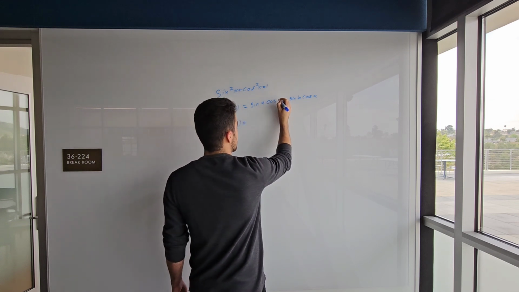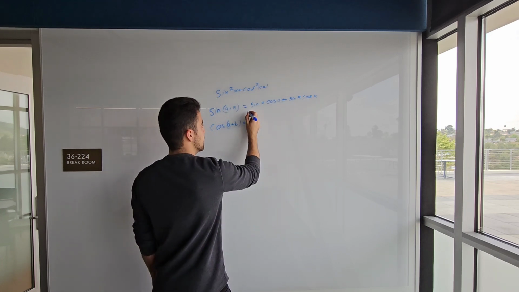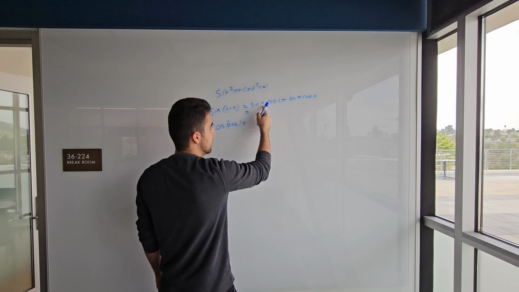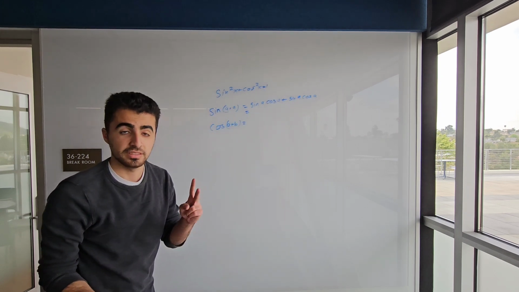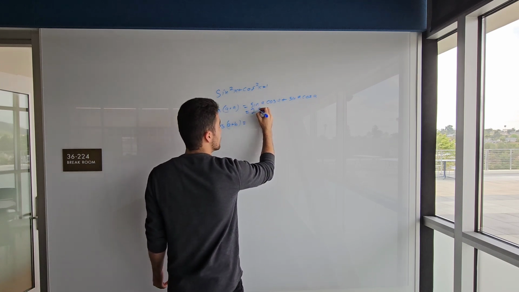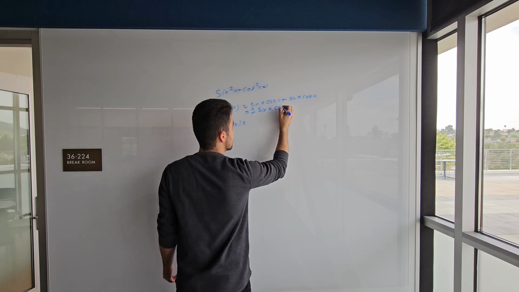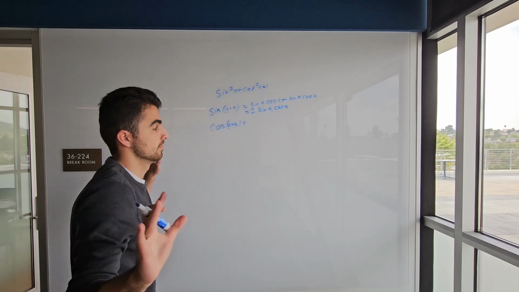Wouldn't this become an a? And this become an a? Isn't that sine a cosine a plus sine a cosine a? I see two sine a cosine a's. So I'm able to write 2 sine a cosine a. That's one identity. That's pretty cool.